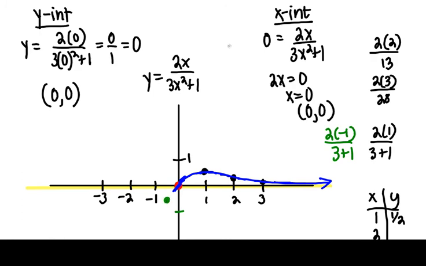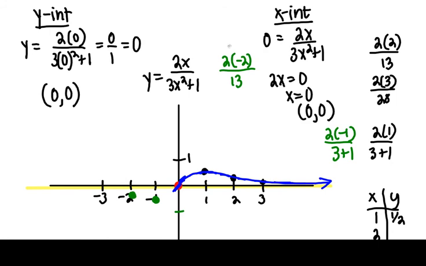And then when we put a negative 2 in, we're going to get 2 times negative 2, which is negative 4. And then when we put that negative 2 in the denominator, we're still going to get a positive 13. So now we're just getting negative 4/13, which isn't as big as negative 1/2.